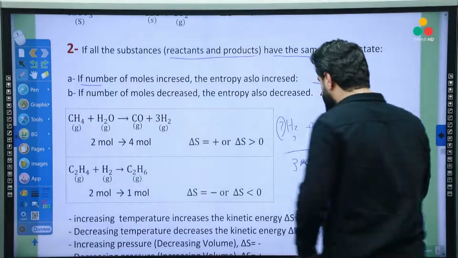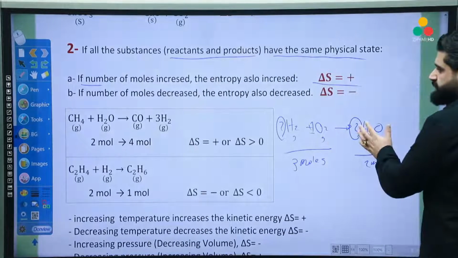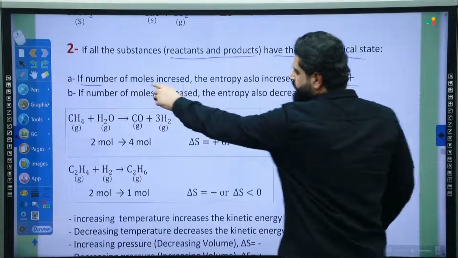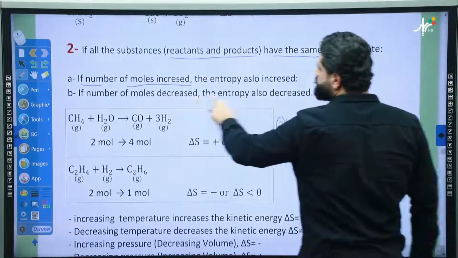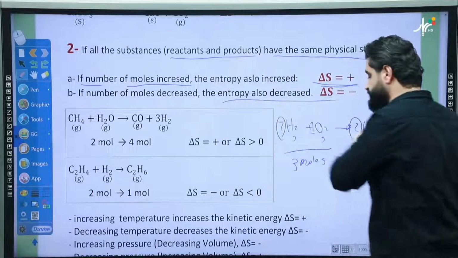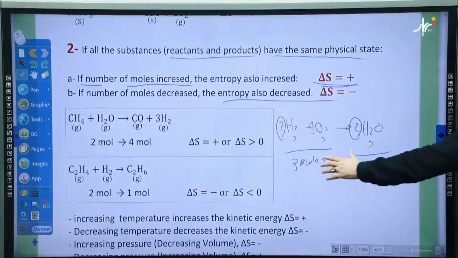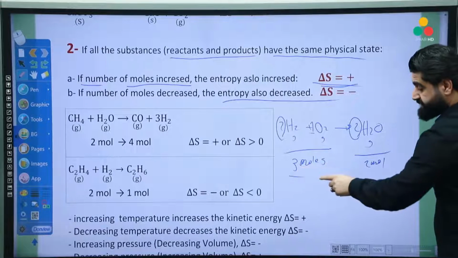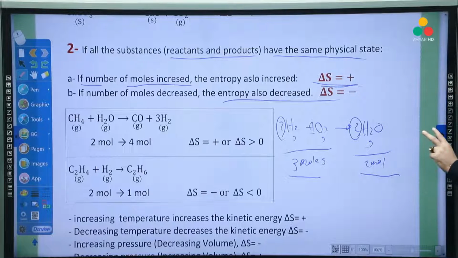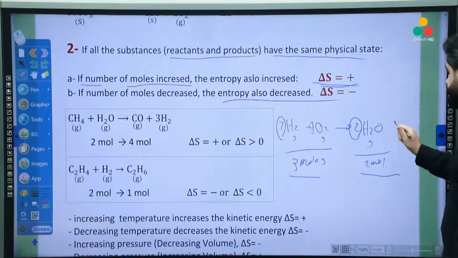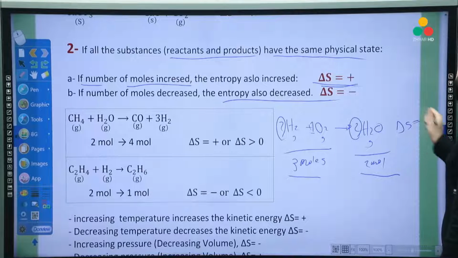It means if the number of moles increases, delta S will be positive. If the number of moles decreases, delta S will be negative. Previously we had 3 moles, but now it converted to 2 moles, so the number of moles decreases. If the number of moles decreases, delta S will be negative.